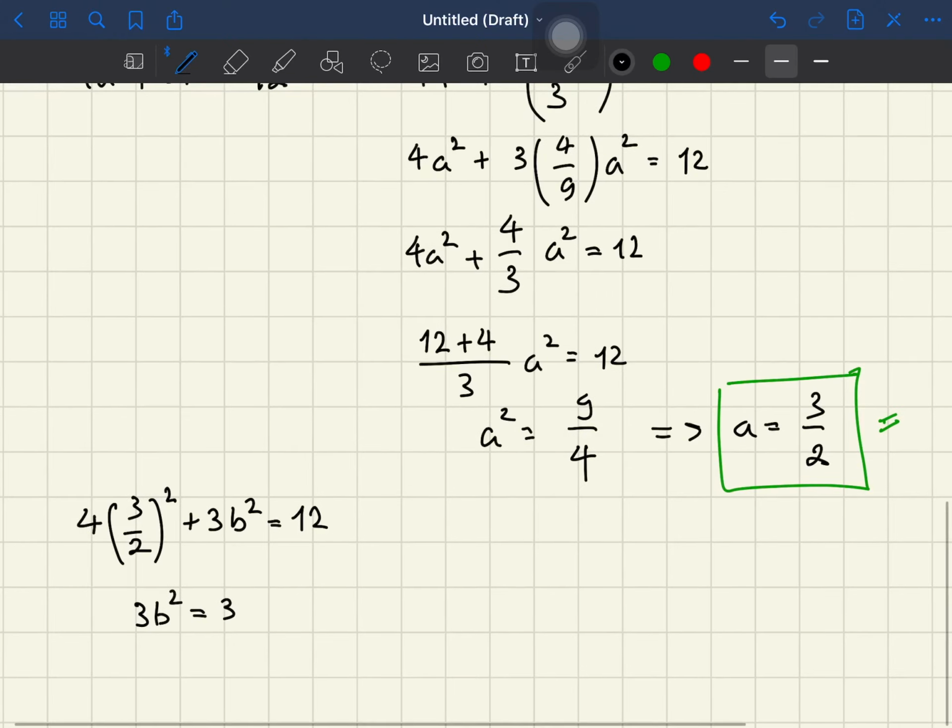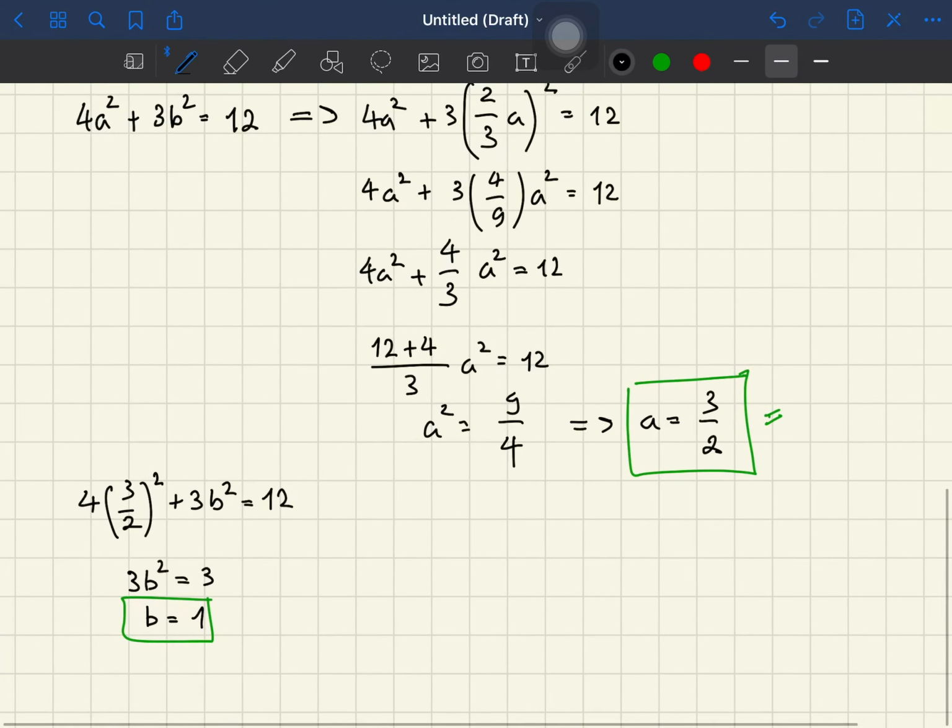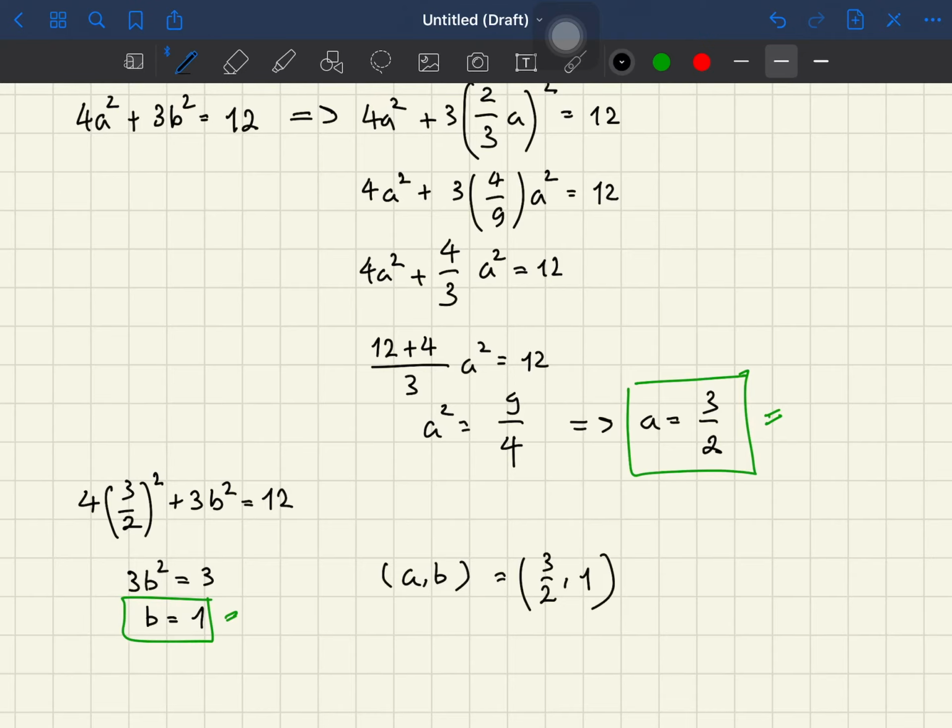Yes, and then B equals 1, which is the value for B. So we have two values for A and B. So (A, B) is a coordinate. It equals (3/2, 1).